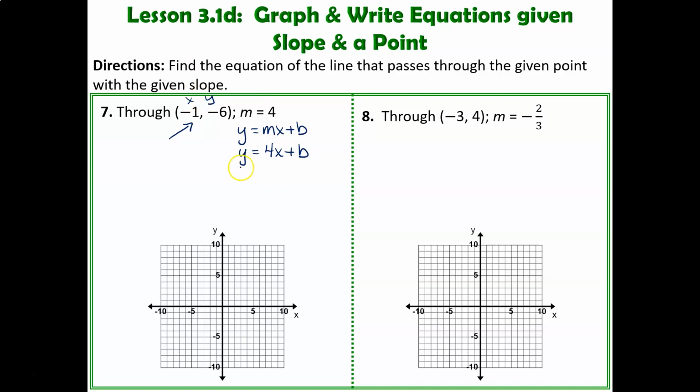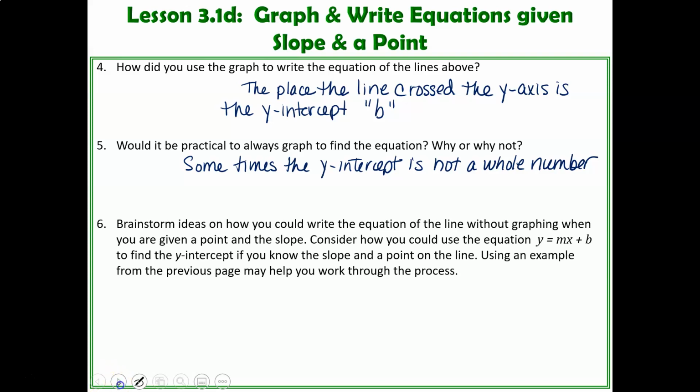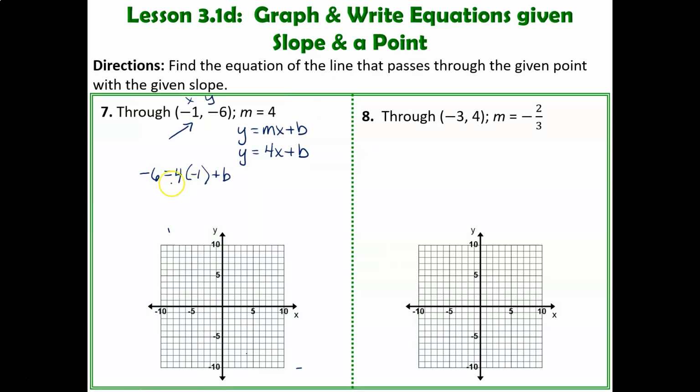Let me show you. I'm going to put in -6 for y and -1 for x, and 4 for m. I got those from the point. Then I'm going to solve for b. So I have -6 equals -4 plus b. I'm going to add 4. So I have b equals -2. So now I found my y-intercept by using the coordinates.